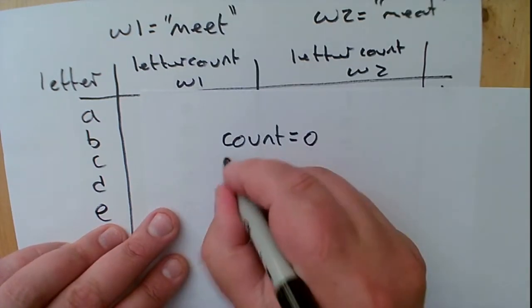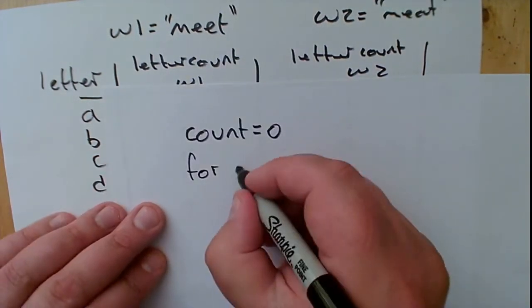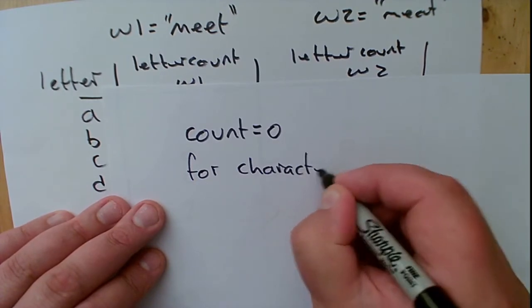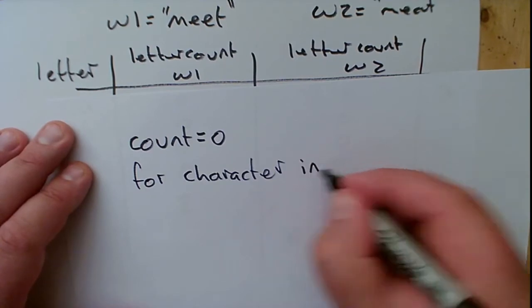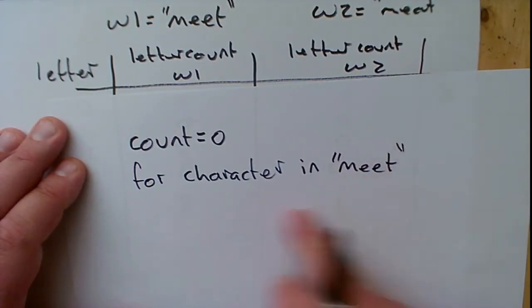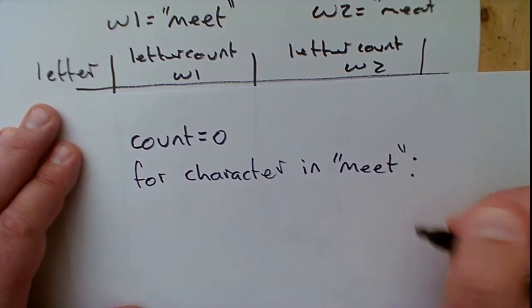A really easy way of doing that, of course, is definite iteration, for character. You could have said whatever word you like at this point. For character in meet. Something like that. And I'm not too worried if this Python code isn't quite right. It's just a bit of a rough idea.